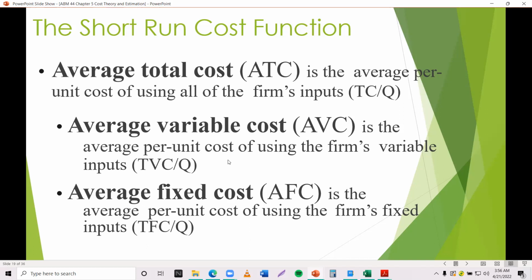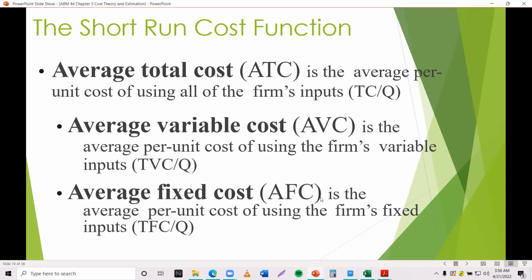You average once you have already calculated the total. So we have total variable cost divided by the quantity, the per unit cost of a given value. So that is average variable cost.